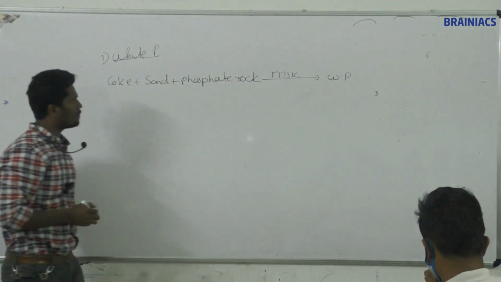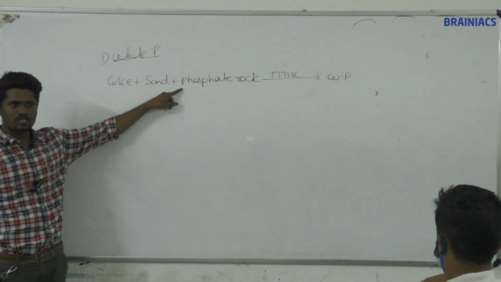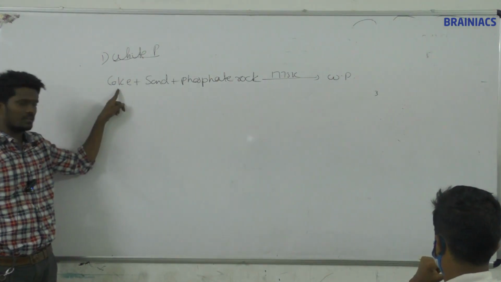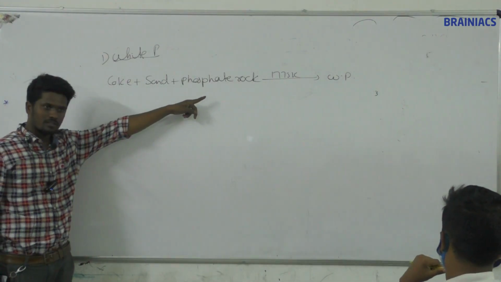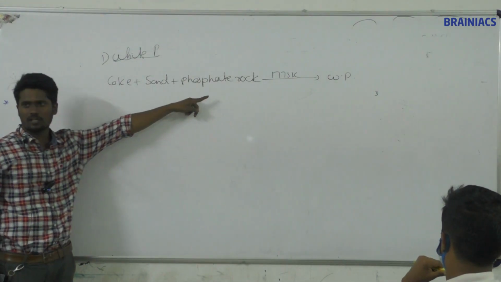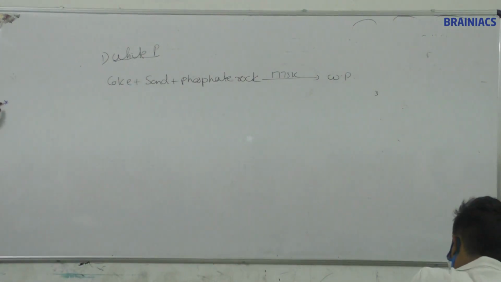White phosphorus is formed by heating phosphate rock with coke and sand at 1773 Kelvin.